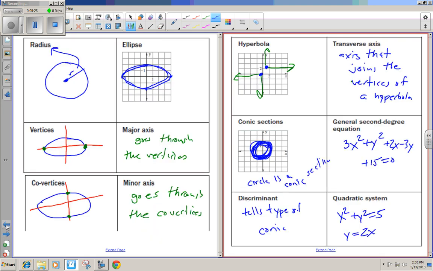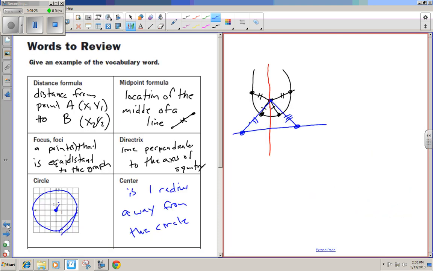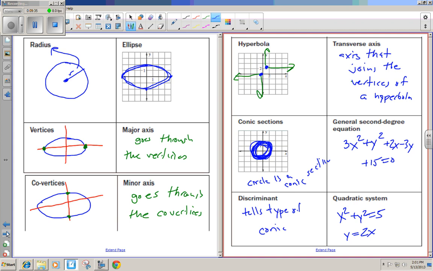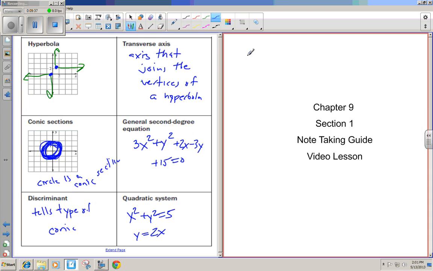If you look at this, there are 18 vocabulary words. And since there are 18 vocab words, I can tell you right now that there are 38 total questions on the test.